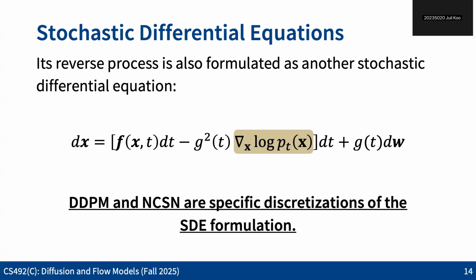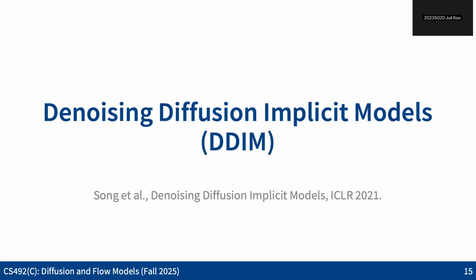So that's the high level idea of getting deeper into the diffusion models, but we are not going to discuss this for today. So before we get into the continuous time domain, this is today's main topic that we are going to discuss.